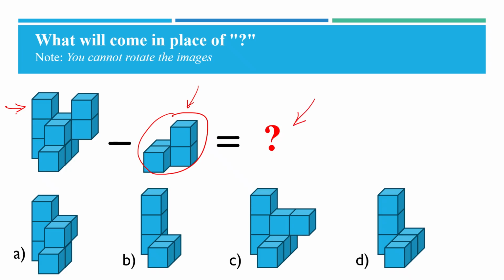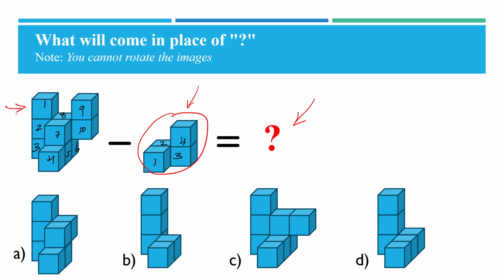So let's make note of the number of blocks in the question. I see 1, 2, 3, 4, 5, 6, 7, 8, 9, 10. There are 10 blocks, out of which 4 blocks have been removed.